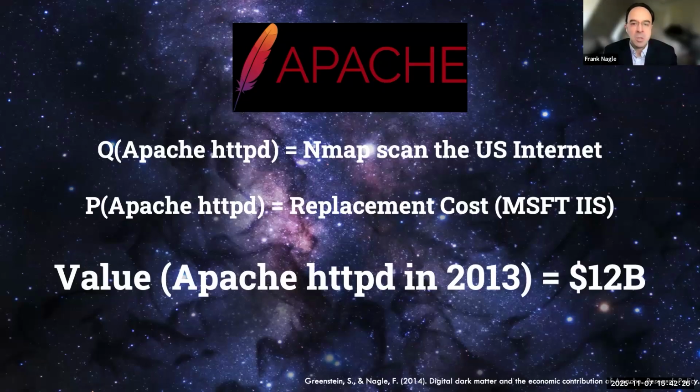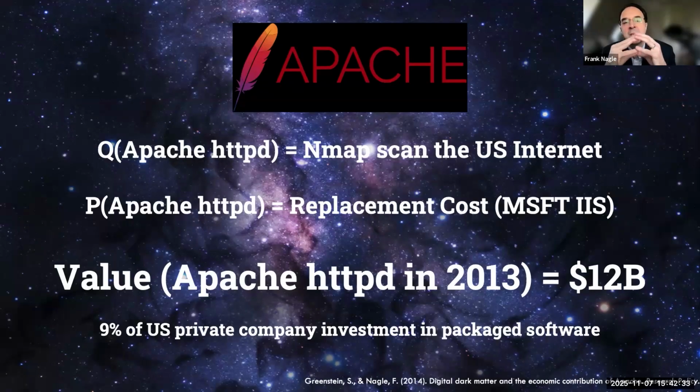That sounds big, but we don't have a lot of benchmark or framing for that number. So we compared this to what else was going on in the U.S. economy at the time, and we show that this number is about 9% of what all companies in the U.S.